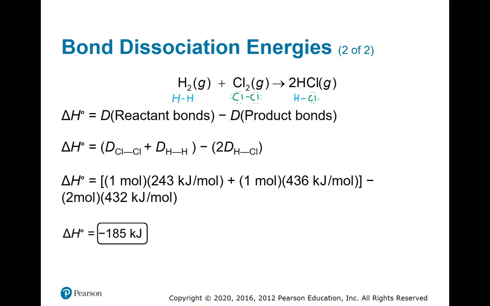And we have 1 mole of each of those substances in the reactant side of our balanced equation, so we add those two together, and from that we're going to subtract the bond dissociation energy for a hydrogen-chlorine single bond, which if you look that up in your textbook is 432 kilojoules per mole, and since we have a coefficient of 2 in front of that in the balanced equation, we're going to multiply that by 2.